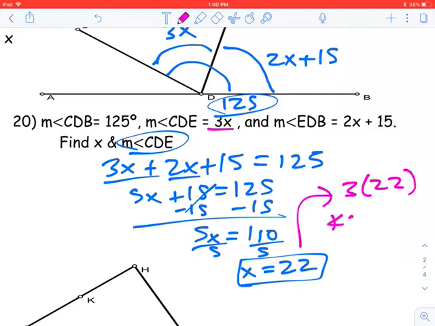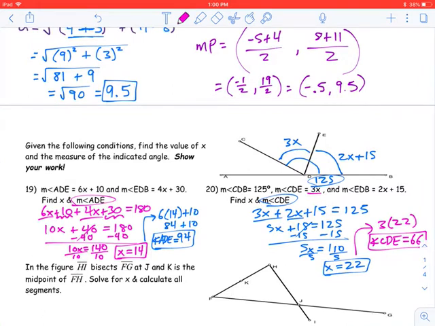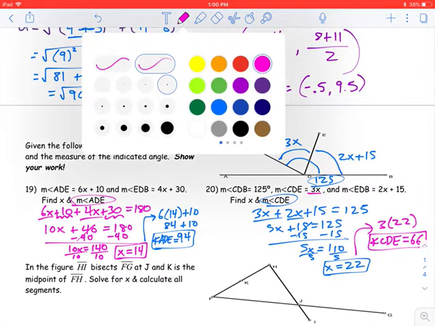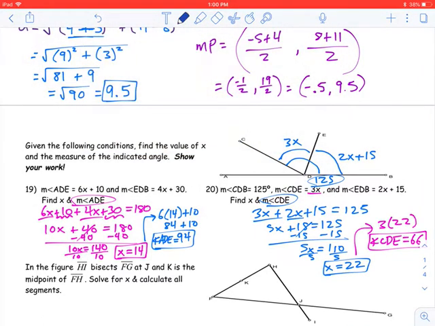So angle CDE equals 66. There we are. Okay, so you have to really pay attention to your picture and figure out what the picture is telling us. A part plus a part equals a whole. Maybe the parts add up to 180, whatever it might be.